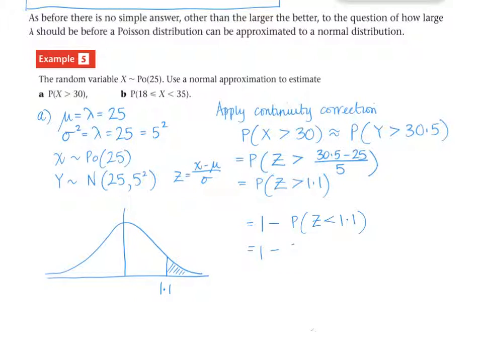So that's 1 minus 0.8643 from the normal cumulative tables, and that gives us 0.1357. So exactly what we were doing before, except we are looking for the Poisson distribution approximating to the normal. Let's do part B.